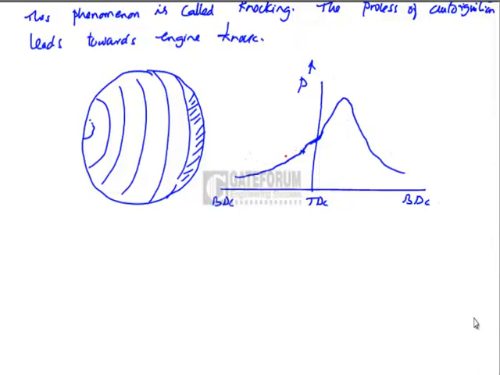This is the ignition, this point. Referring to the figure which shows the cross section of the combustion chamber with the flame advancing from the spark plug location A, this is the spark plug location, without knock.